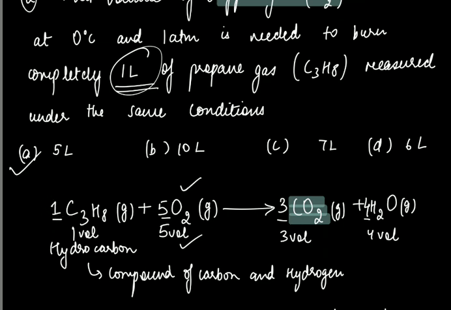But sometimes a fractional coefficient also comes, depending upon the equation. In that case we have to see what volume options are given in the question. So for 1 liter, we can't increase this number. If they had given 2, then it would have been a little different story. But for 1 liter, it's going to be 5 volumes.